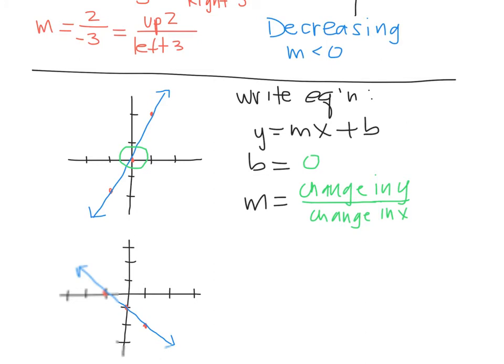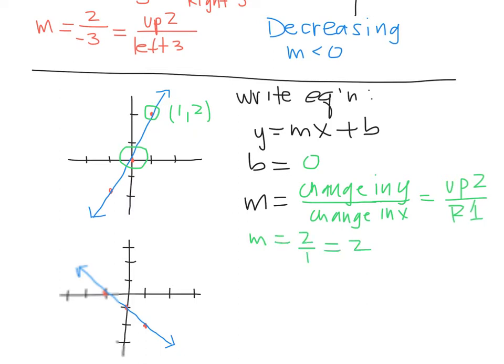So as we go from this point (0, 0) to the point here, which is (1, 2), we can see that we have to go up 2 and to the right 1. So that tells us that our slope is then equal to 2 over 1, or just 2.